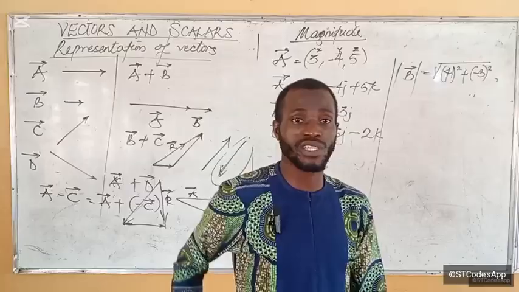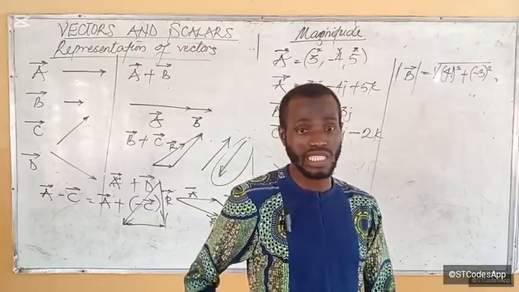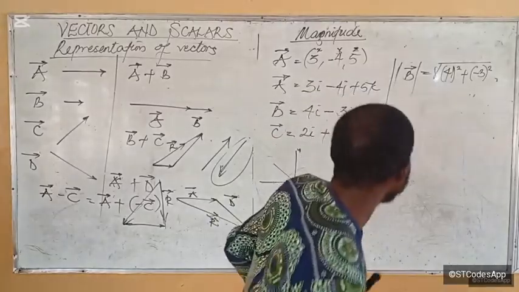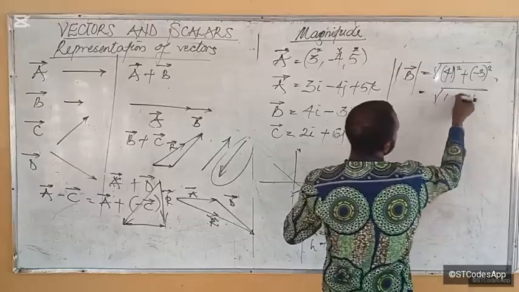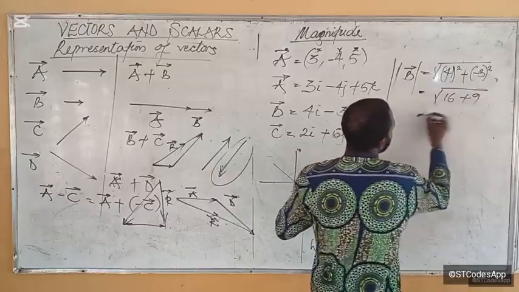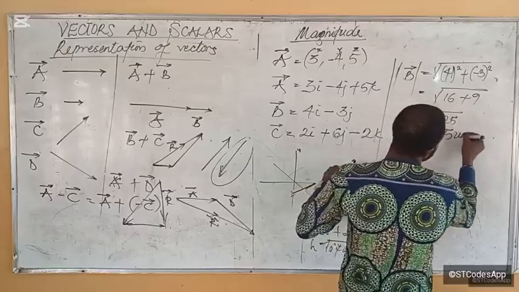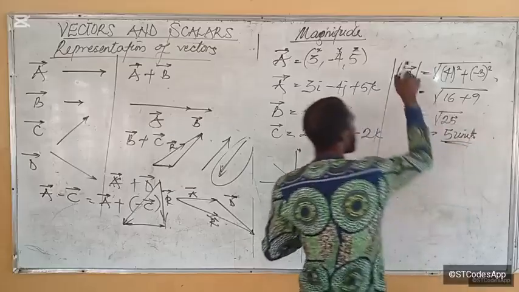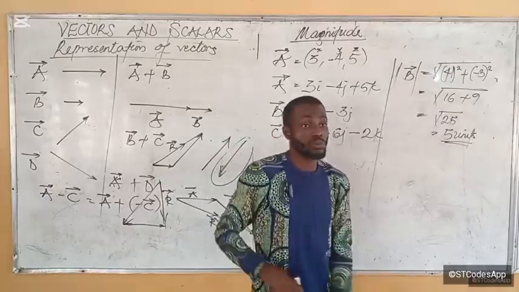So the magnitude of a vector is found using the Pythagoras theorem. That's why vector addition is different from scalar addition. So this becomes the square root of 16 plus 9, because the square of a negative value is positive. So this becomes the square root of 25, which is 5 units.